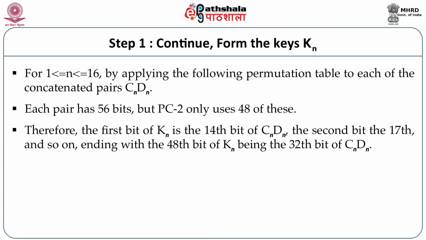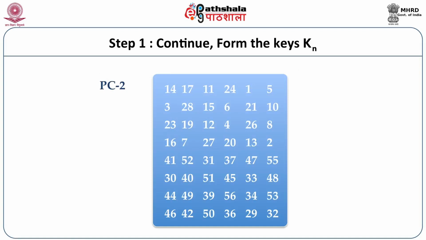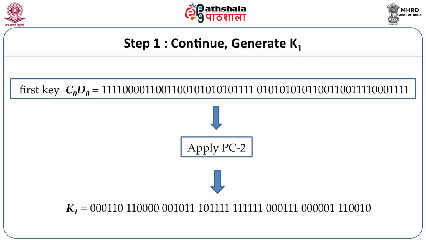Each pair has 56 bits, so apply permutation table 2 to get only 48 bits. From the table you can verify the 14th bit becomes the first bit, and the 32nd bit becomes the 48th bit. Going ahead, from the first pair C0 and D0, we applied the permutation and we got K1, that is 48 bits long.